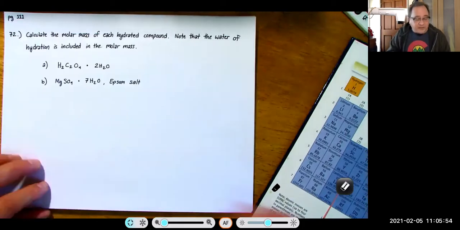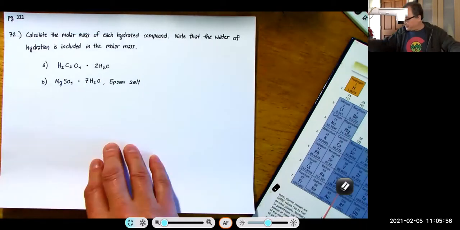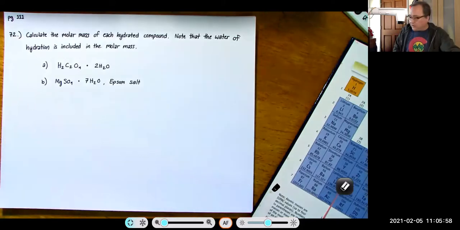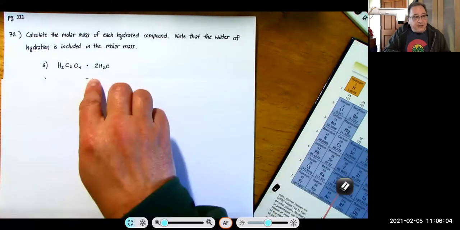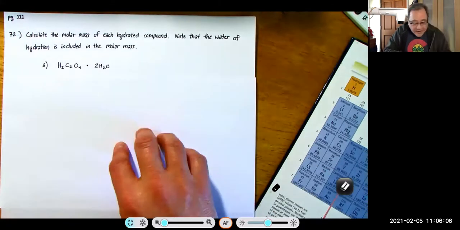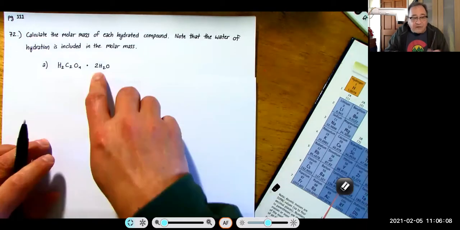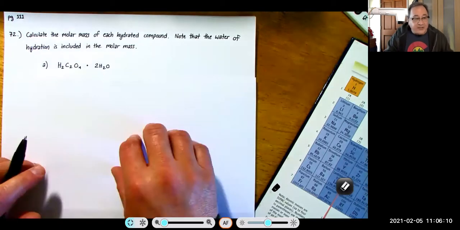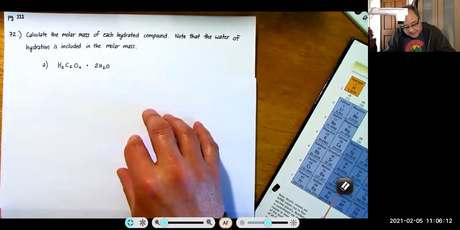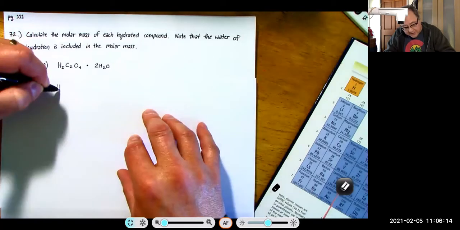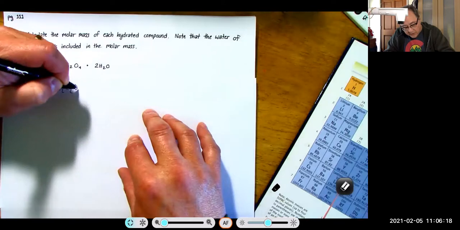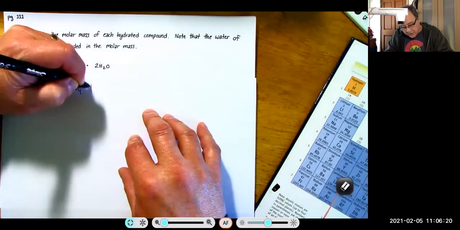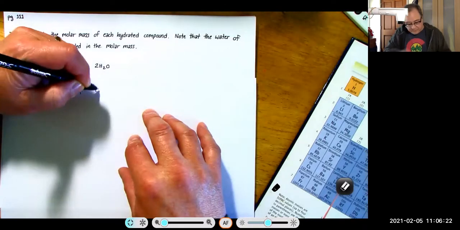Calculate the molar mass of each of these hydrated compounds. I'm not going to do one of these problems, but I am going to show you what this means. This is one of the rare times you're actually going to see a number inside of a formula that's not a subscript. So this means H2C2O4 dot H2O.